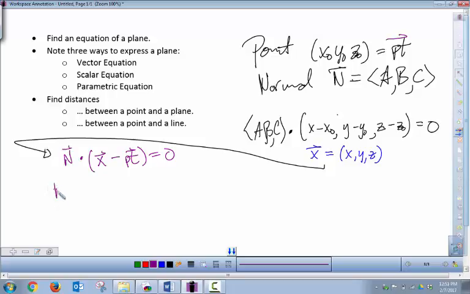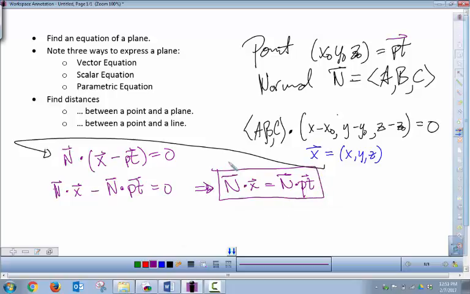But in either case, we've got n dotted with x minus n dotted with pt equal to 0, or n dotted with x is equal to n dotted with pt. I'm going to go ahead and box this, and this is the vector equation of the plane.